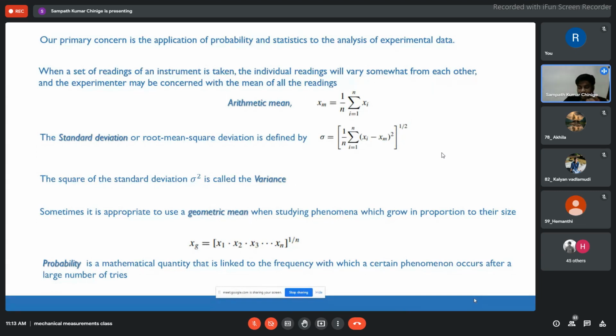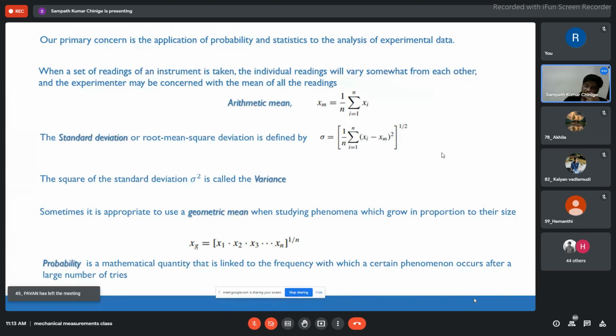But when random error comes, we never know what is the reason that the error is getting into the measurement. So the major concern is applying our probability and statistics to analyze the experimental data. When a set of readings of an instrument is taken, the individual readings generally will vary somewhat from each other.